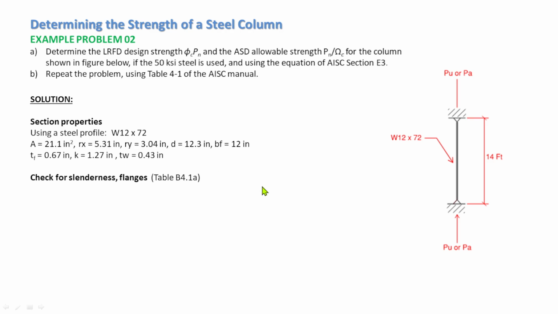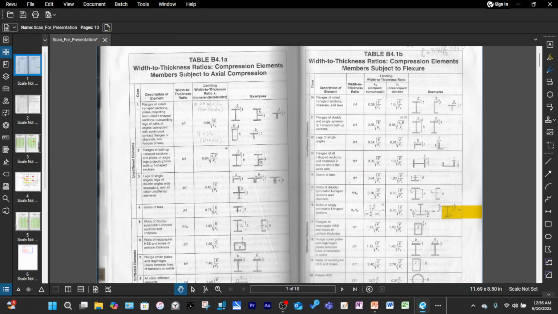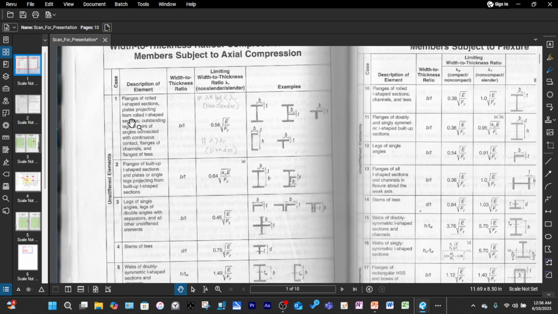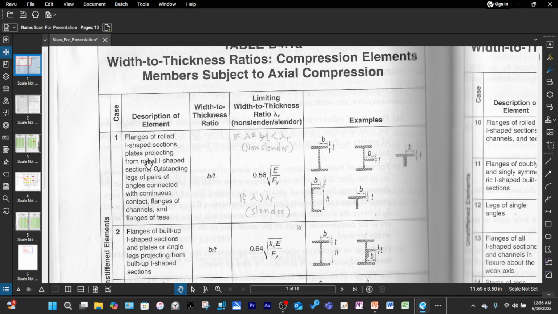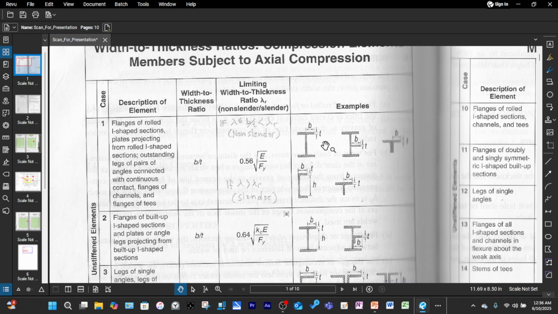First, we need to check the slenderness of the section, starting with the flanges. We will refer to Table B4.1a and check those requirements and criteria. We are in case 1, the rolled section, this profile.